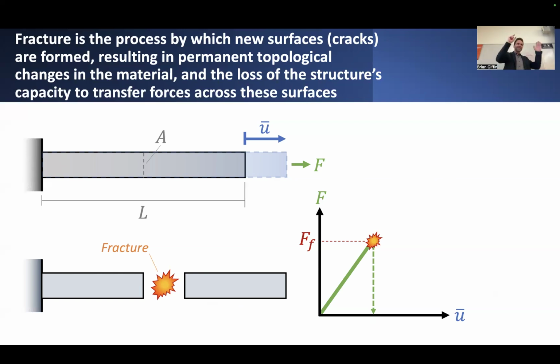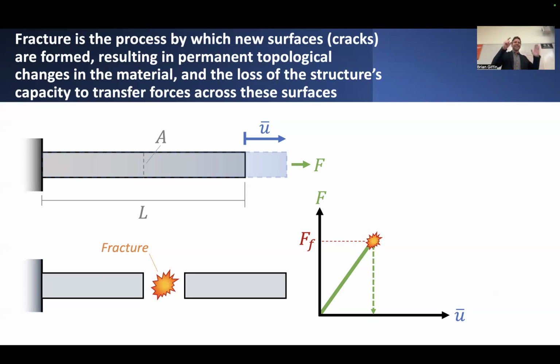Regardless of what the resulting force is in this bar, what I'm controlling is the displacement. So I can certainly take the end of this bar and do a displacement controlled test, maybe in a uniaxial testing environment. I can extend it by some finite amount, which I'll call U bar, and it'll grow by some finite amount with some internal state of strain in it. Let's say this bar behaves in a somewhat brittle fashion.